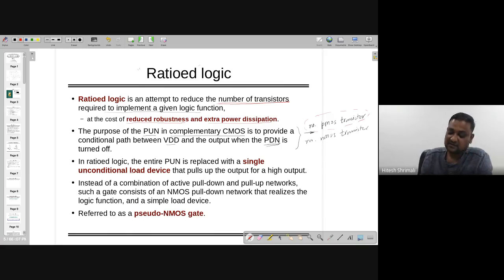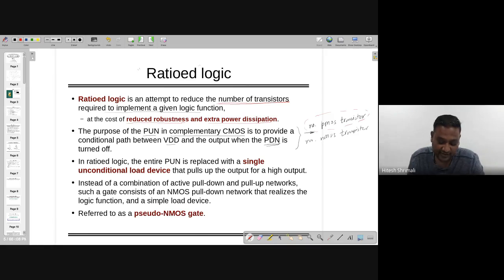Maybe you cannot achieve the required NMH or NML, which is the noise margin. You may have extra power consumption. So those things will happen. But when you look into the circuit, the number of transistors will be reduced; as many PMOS transistors as NMOS will not be there. So those things are categorized under a different logic, which is known as the ratioed logic.